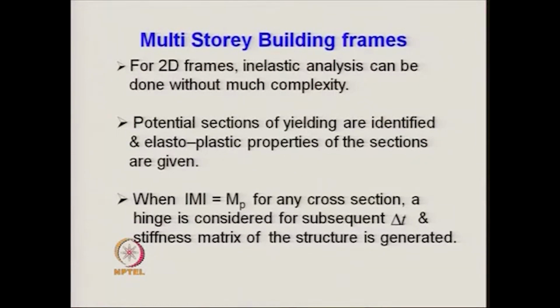How to do this pulling back was also explained. It requires some iterations, and with the help of that iteration we make sure that the combinations of the bending moments in the columns remain on the yield surface all the time.